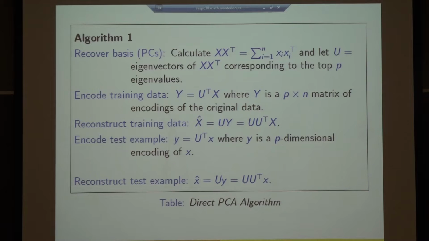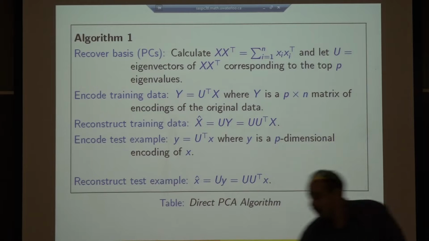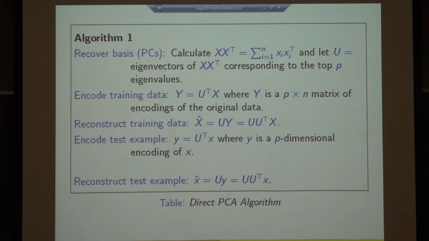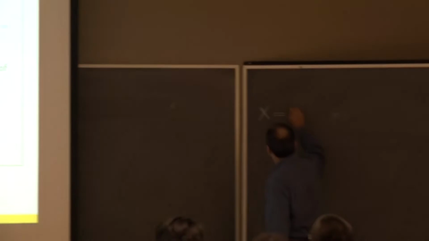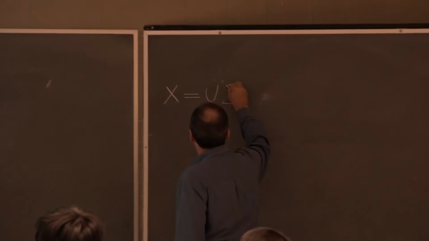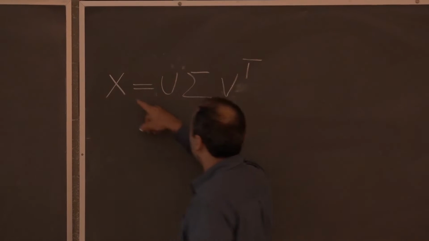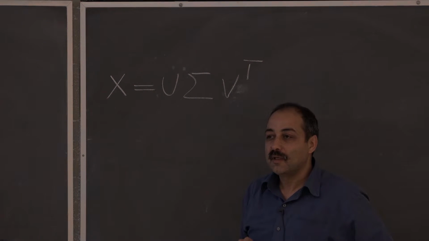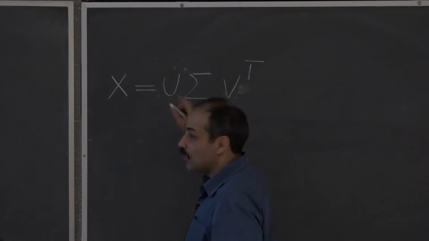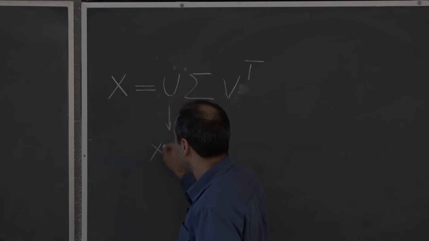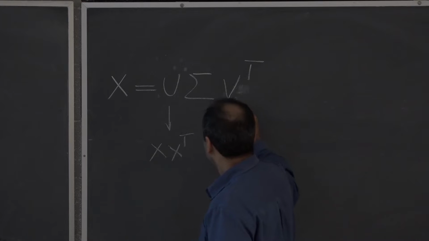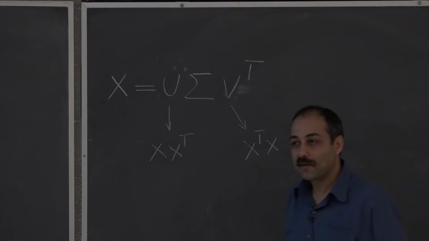But when you have X centralized, then you can do singular value decomposition on X, and U will be your principal components. U is eigenvectors of X X transpose, and V is eigenvectors of X transpose X. Okay?